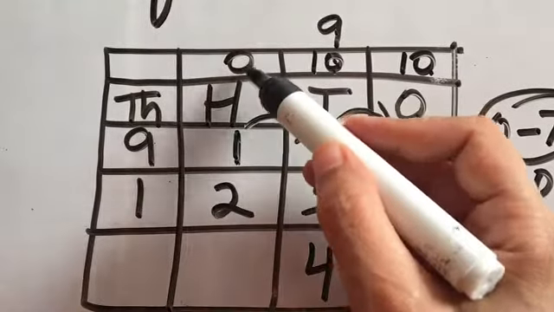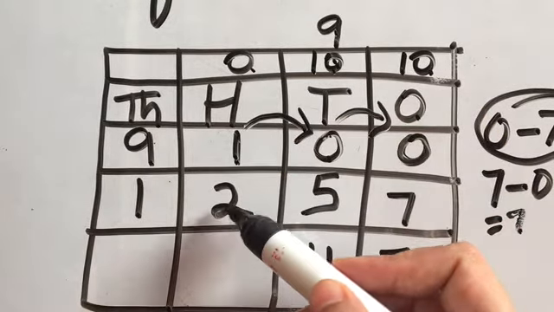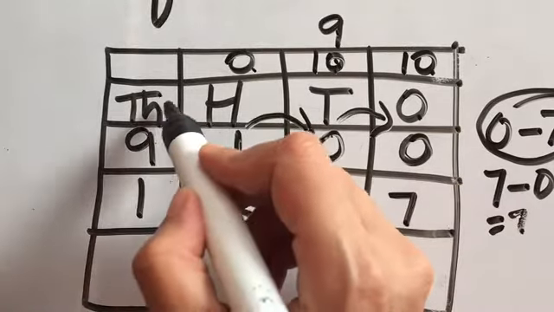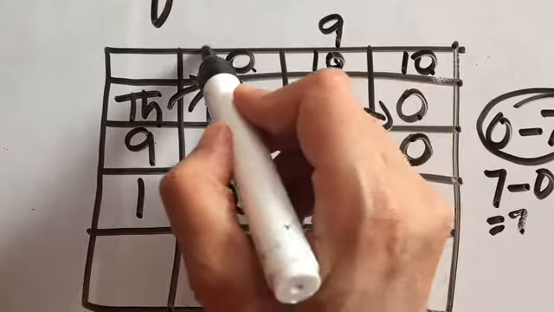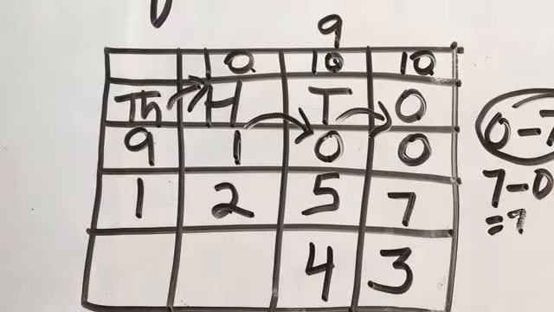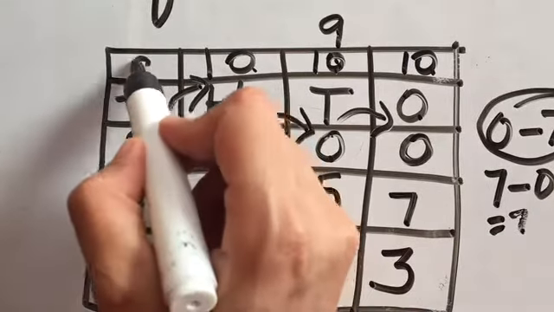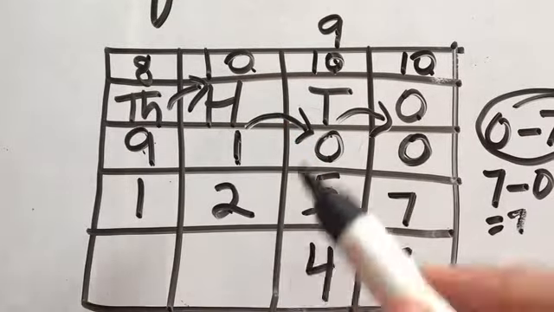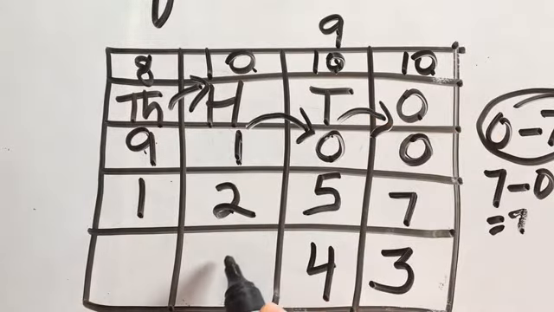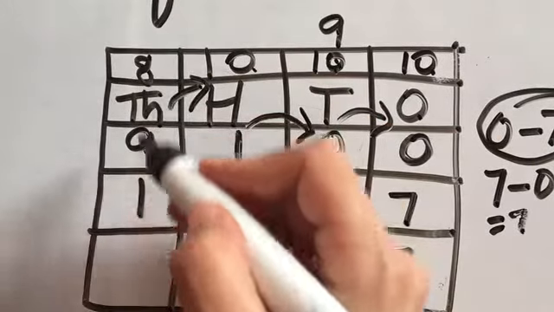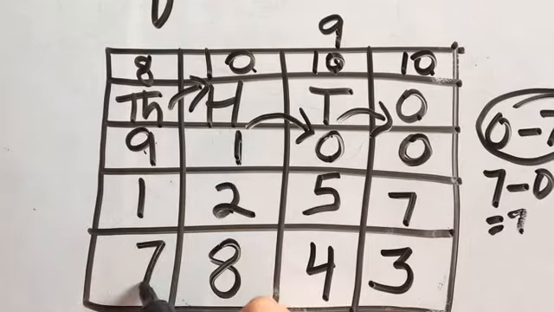Again here 0, we cannot subtract 2 from 0, we will have to borrow. So when we will borrow, this 0 will become 10 and this 9 will become 8. Fine. So 10 minus 2 is 8 and 8 minus 1 is 7.